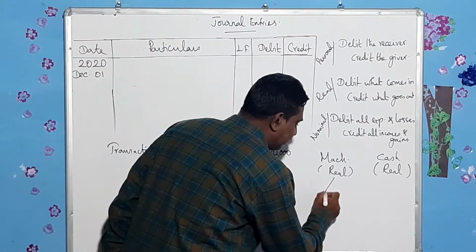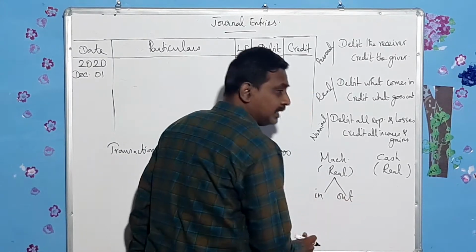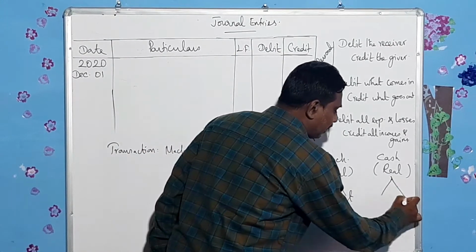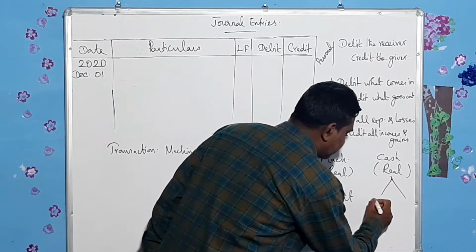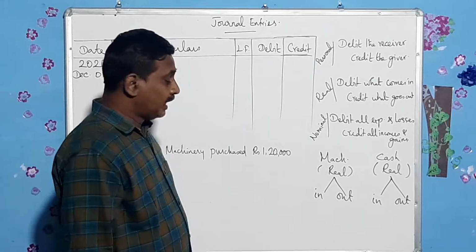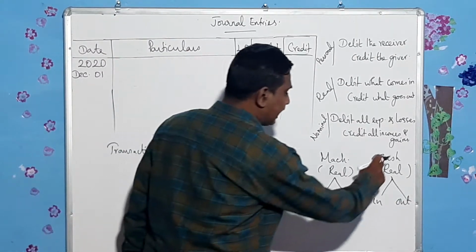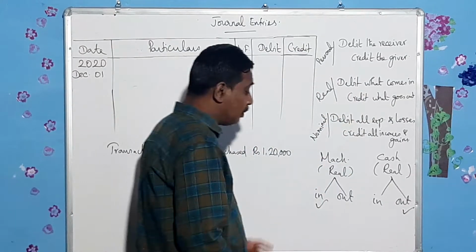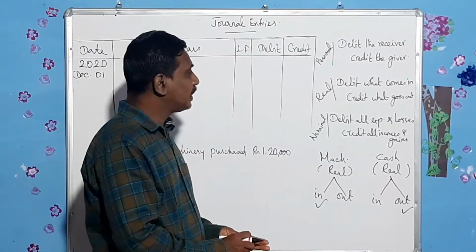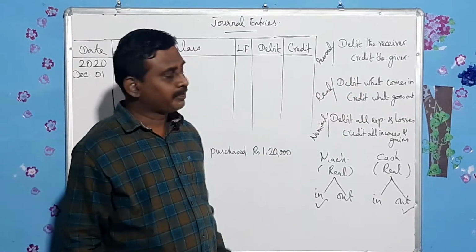So you have to see whether it comes in or goes out. This is also a real account. So you have to see whether cash comes in or goes out. Now machinery comes in and cash goes out. Both are real accounts. So you have to see the golden rules which belong to real accounts.